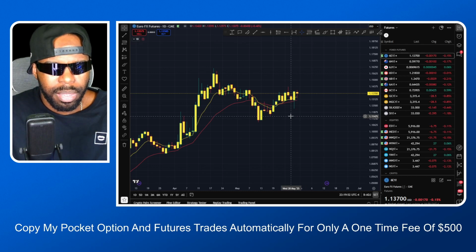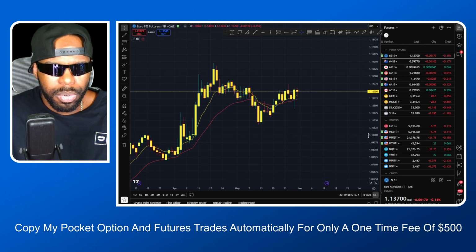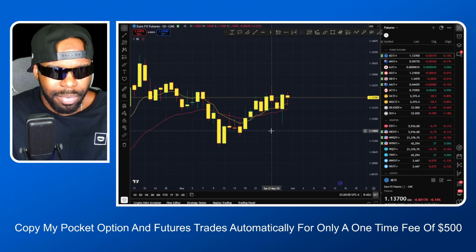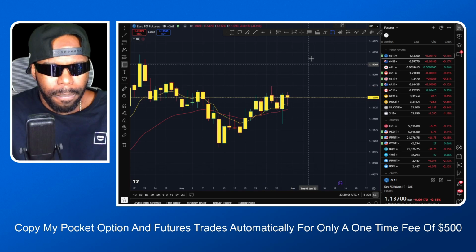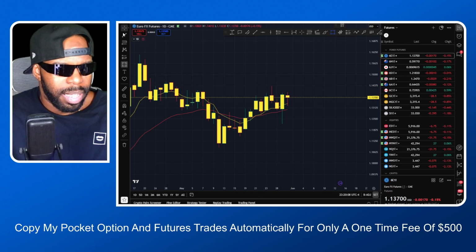In this case, it looks like Tuesday was the highest point that it reached. Since Tuesday was the high, this candle right here is the high of the week. I'm going to take my rectangle tool.